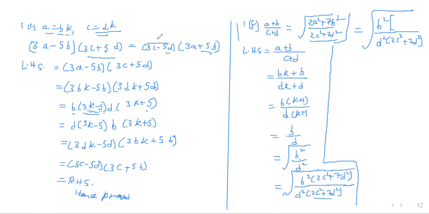result. A equals to bk, c equals to dk. Only c is there. So in place of c, we write dk whole square plus 7d square equals to, if it is not clear to you, I am writing it again.